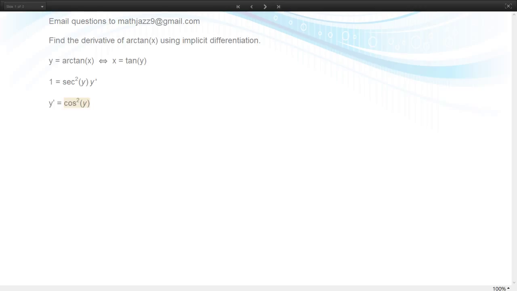Now, here we have to figure out what cosine squared y is in terms of x. And maybe I can get a nice triangle for a diagram.